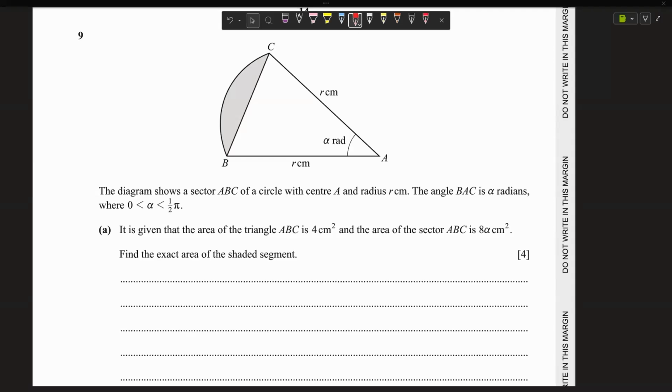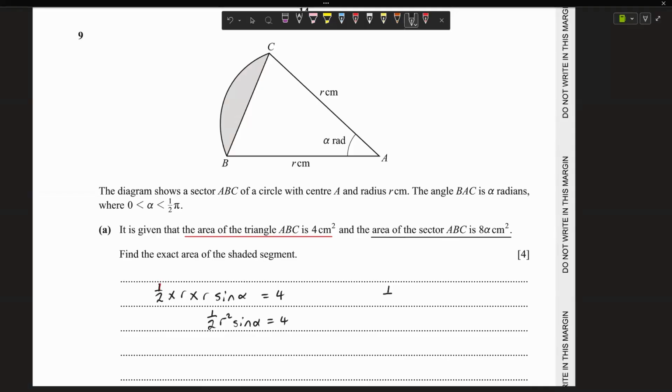All right. Let's make use of the information given. The area of the triangle ABC is 4. Area of a triangle is half ab sine theta, that's half side r times r sine of the included angle. So half r squared sine alpha should be equal to 4. We have also been told that the area of the sector is 8 alpha.